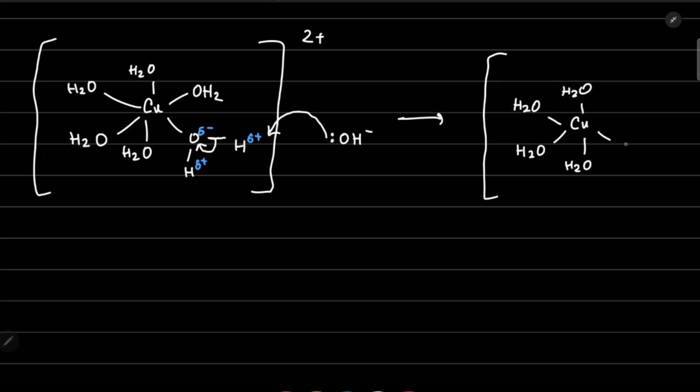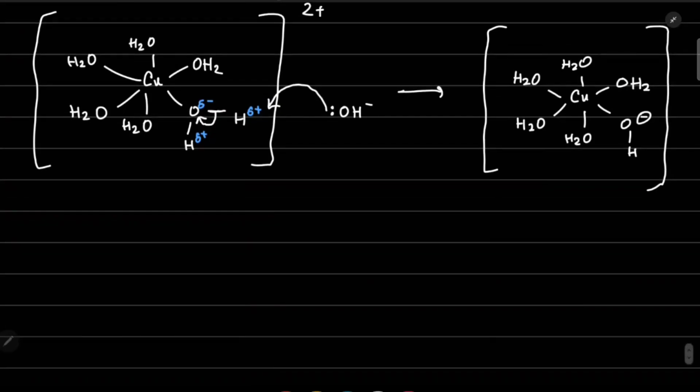And in this case, we have an O minus and an H. So we have an OH minus here. And we have another H2O here. And outside this, we'll have an H2O being formed.